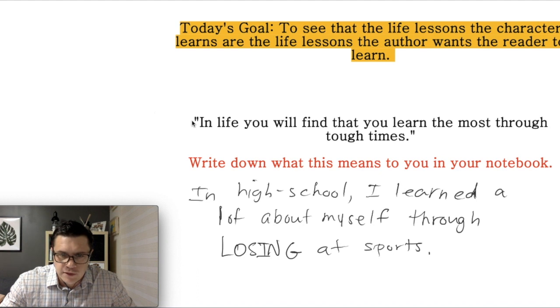There were many victories, but what I really remember are losing, and that feeling of losing and how those losses made my team better or made me better. So that's just one example. So I'm curious to see what this quote makes you think of.